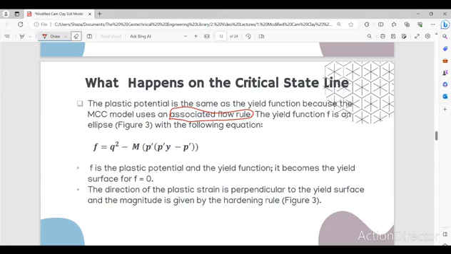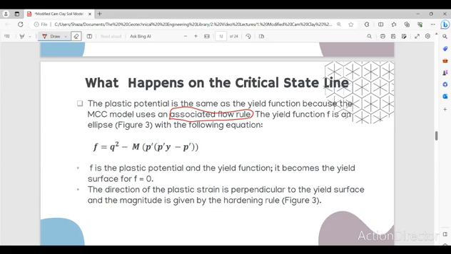This rule implies that the plastic volumetric and shear strains are in the same direction as the increment of the stress ratio. So we have three parameters: the plastic volumetric strains, the shear strains, and the increment of the stress ratios. The associated flow rule means that those three parameters are in the same direction.